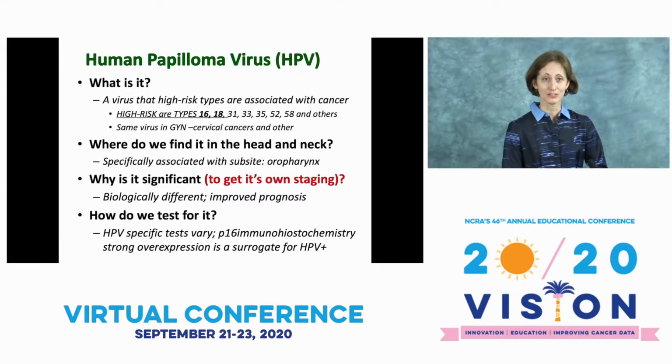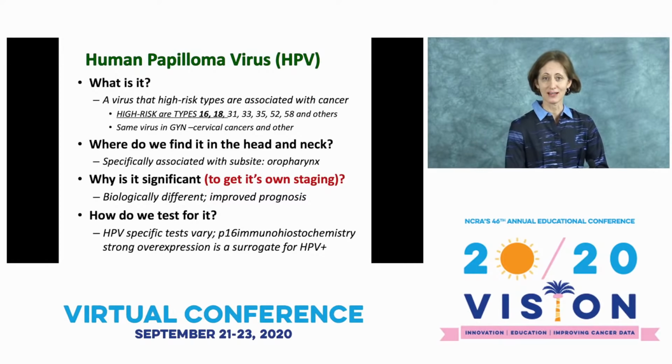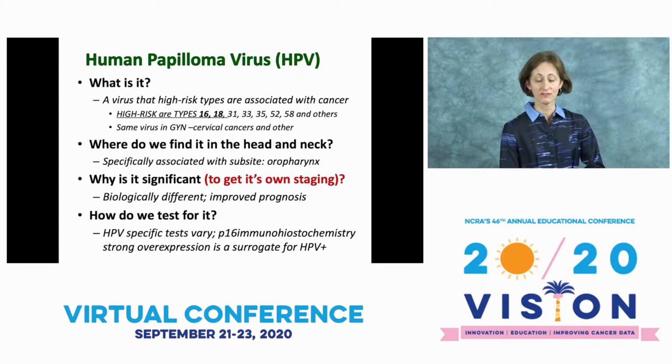HPV vaccinations are available, and they are recommended through the medical agencies. So where do we find this HPV in the head and neck? Specifically, and really this is a highlight, an asterisk, the oropharynx. Our guidelines talk about testing for HPV. We're testing only oropharynx and those unknown primaries.